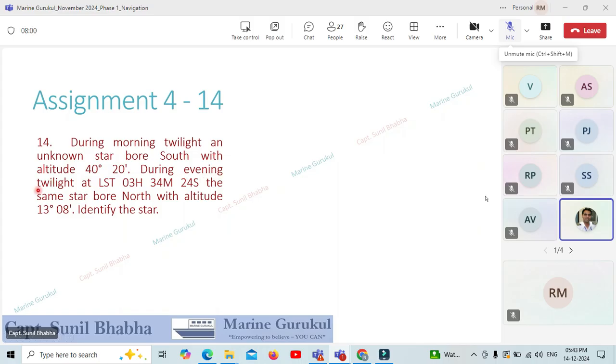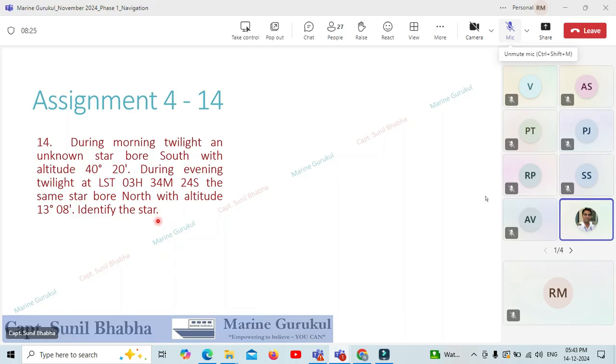During evening twilight at LST, local sidereal time, 3 hours 34 minutes and 24 seconds, the same star bore north with an altitude of 13 degrees 08 minutes. Identify the star.